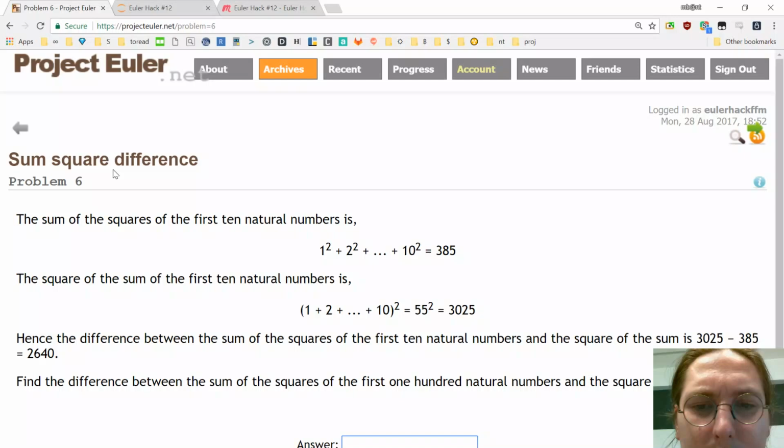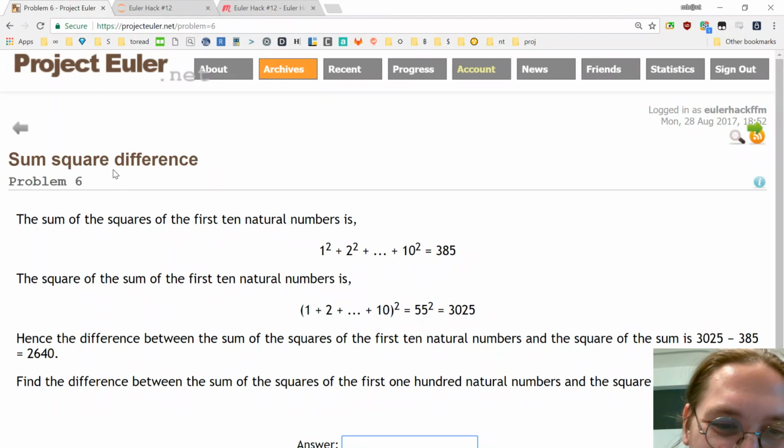Läuft das aus die Nummer? Zahlenlänge? Not quite sure. Oh ja. 100 is easy.